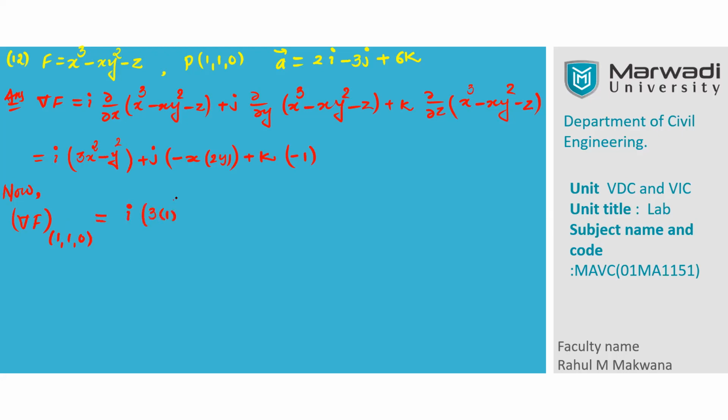So x is 1, y is 1. This is minus j 2, x is 1, y is 1, minus k. So we have i, 3 minus 1 will be 2, minus 2j minus k, say 2i minus 2j minus k.